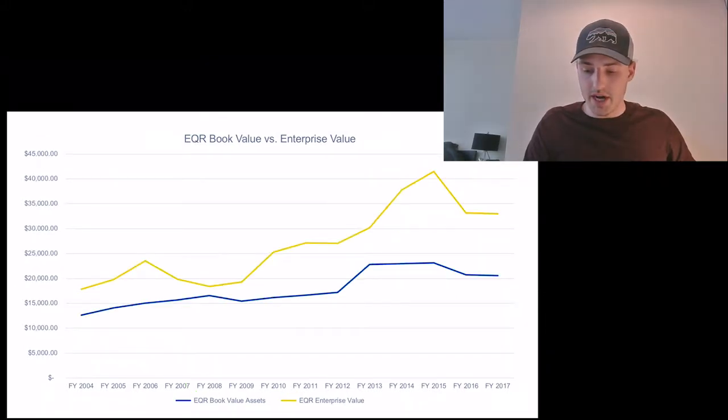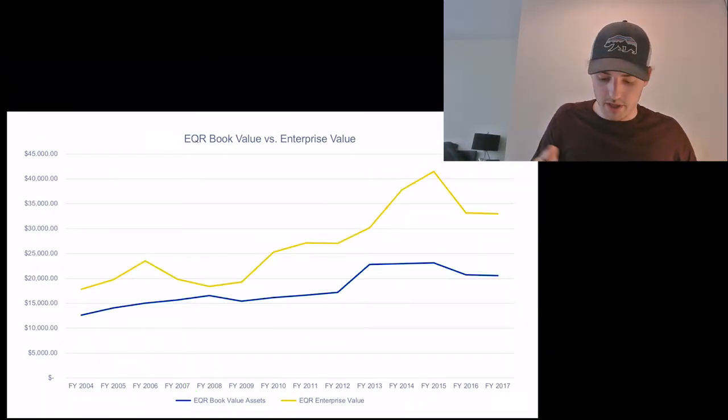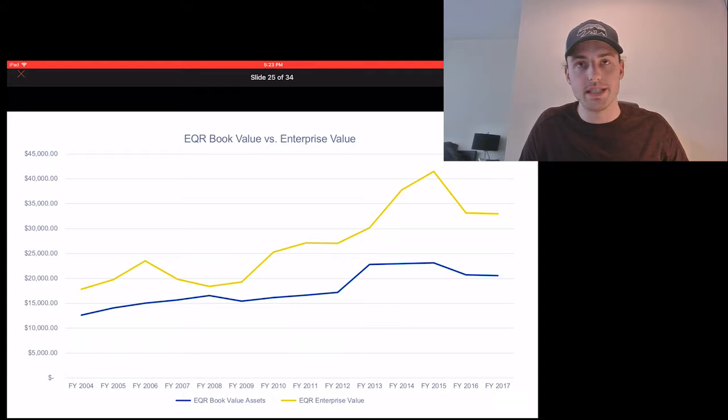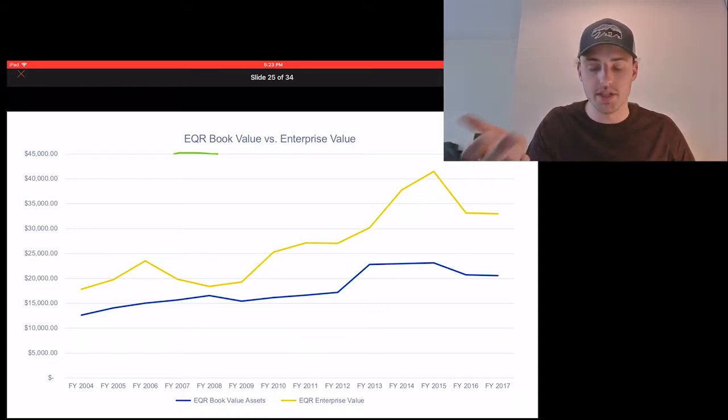So the next couple, I'll just go through these quickly because I've kind of explained my ideas behind book value versus enterprise value and the price to book ratios. But once again, here we have EQR, which is the residential real estate investment trust, not the student housing one.